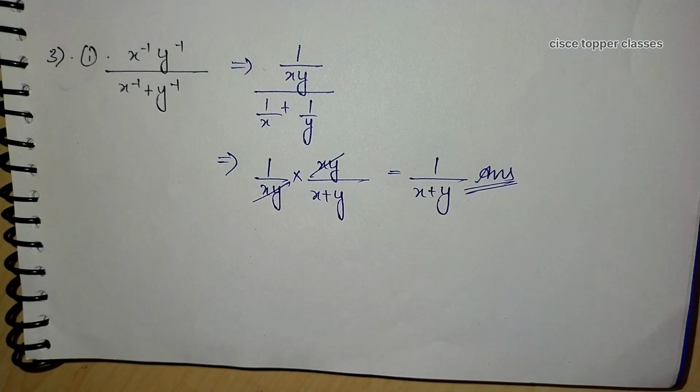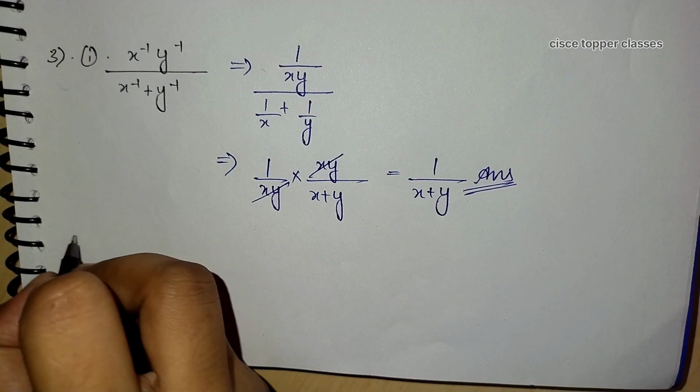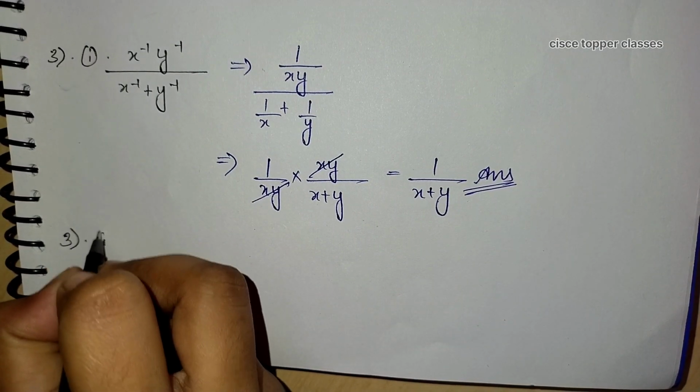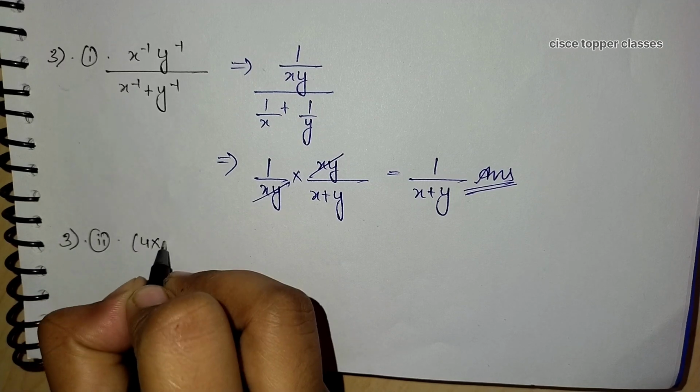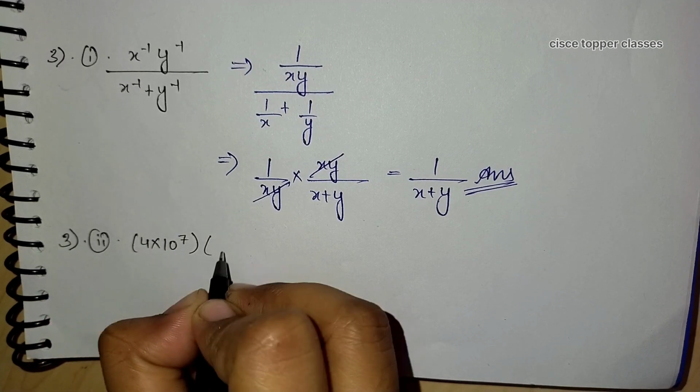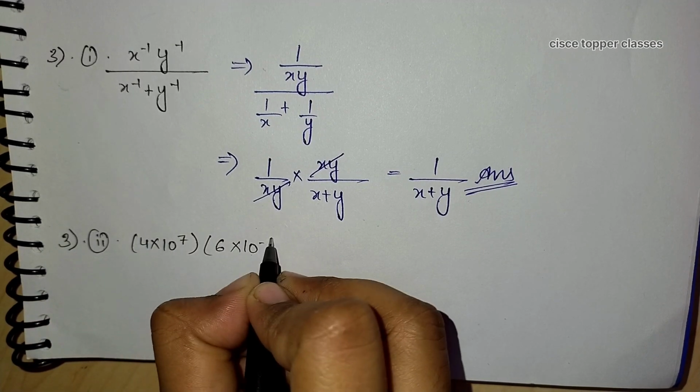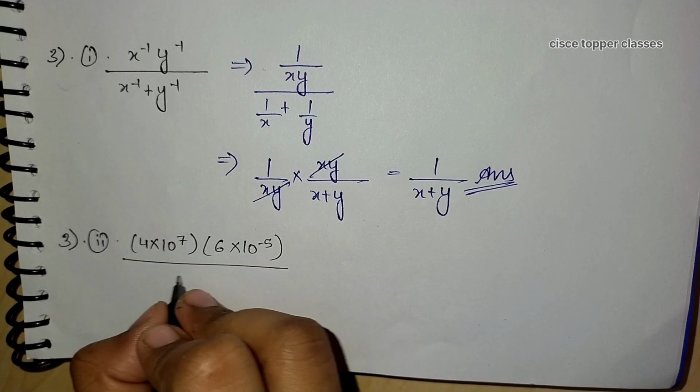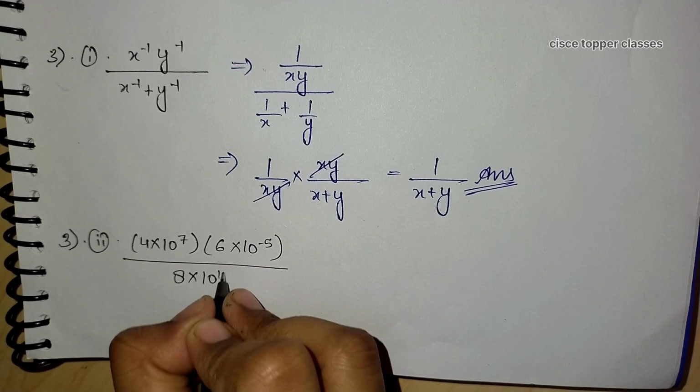Now we will solve the second part, which is 4 into 10 to the power 7, into 6 into 10 to the power minus 5, divided by 8 into 10 to the power 10.